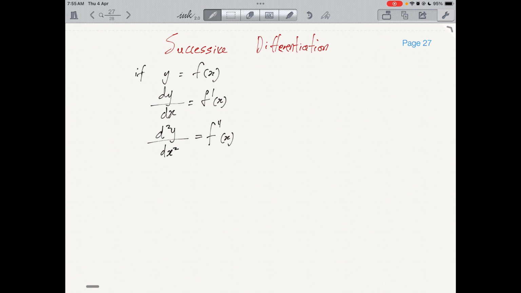And by successive differentiation, other higher derivatives can be obtained, such as d cubed y/dx cubed, d to the power 4 y/dx to the power 4, and so on.